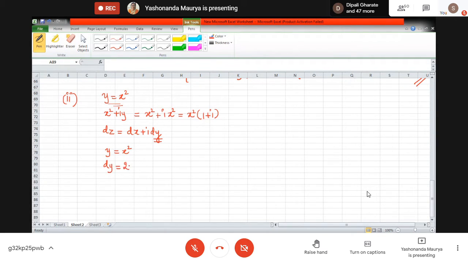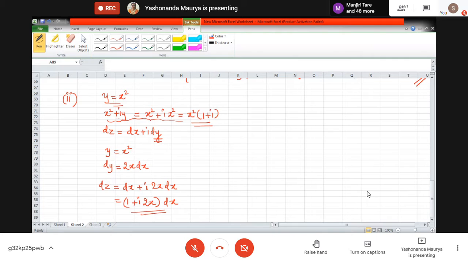It will be 2x dx. And hence the expression for dz turns out to be dx plus i times 2x dx, which is 1 plus i times 2x dx. Now even the integrand is in terms of one variable, and this dz term is also in terms of the one variable, that is x.